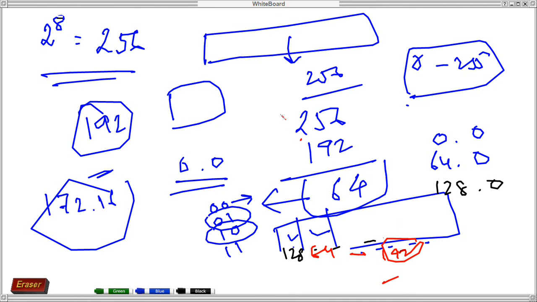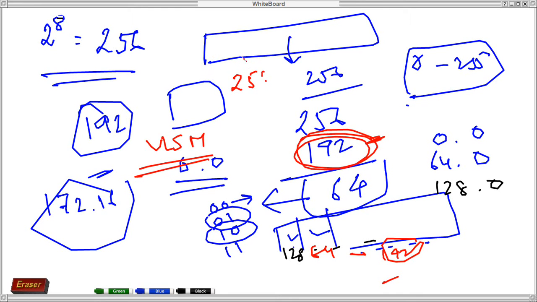And you can see the magic number 192, that is the subnet. When I was calculating the VLSM, variable length subnet mask, I was getting the value as 255.255.192.0.